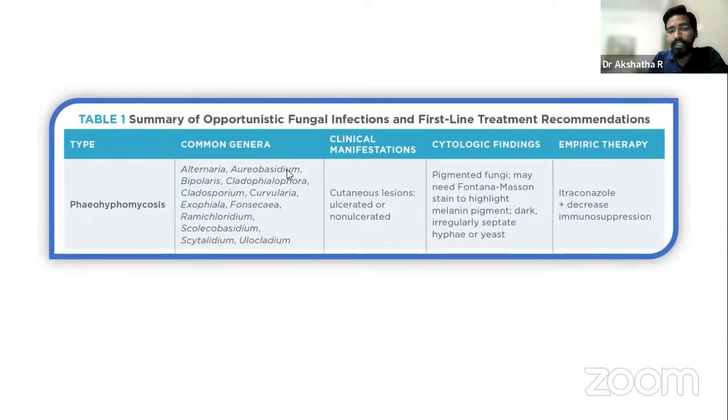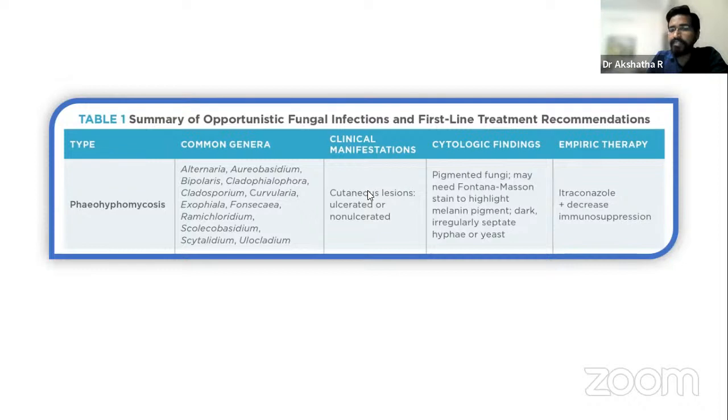Common species already discussed: Alternaria, Bipolaris, Cladophialophora, Cladosporium, Curvularia, Exophiala, Fonsecaea.